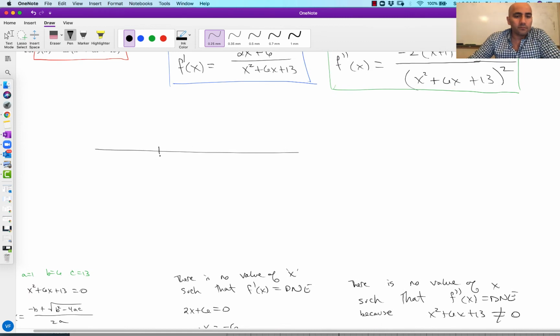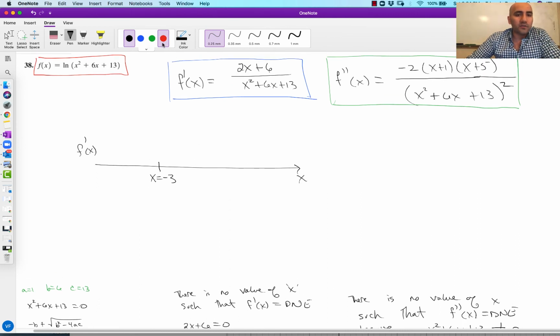So at x equals negative 3, we have a critical point of that first derivative. So that's going to be for f prime of x. Now we need to establish what's happening to the left of that, what's happening to the right of that. We're going to need some test points. So let's think of a test point to the left of that. How about -4?